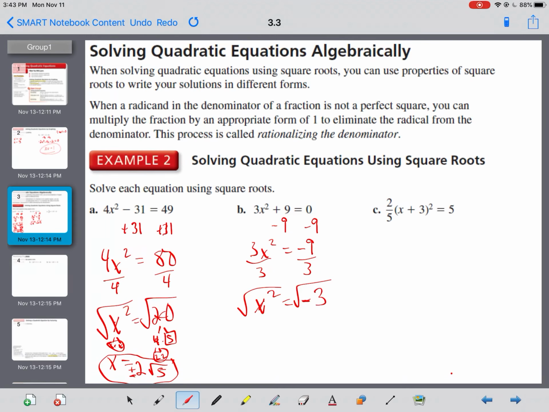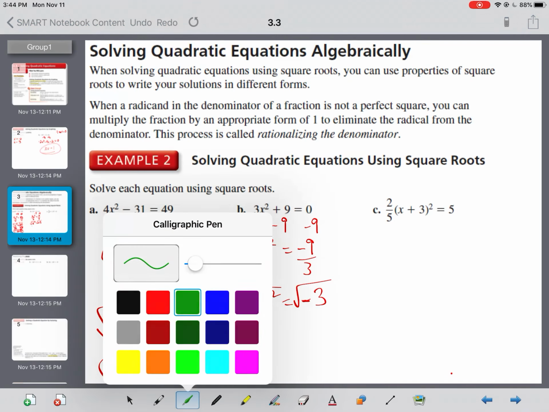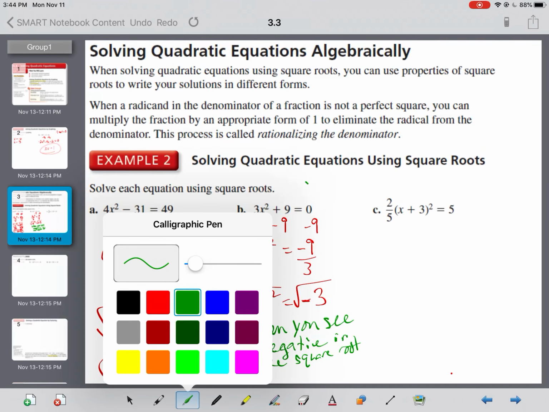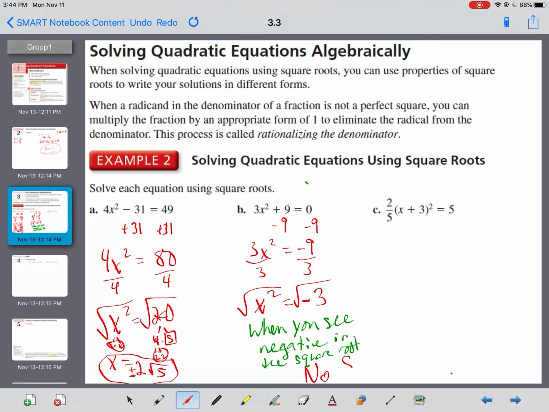So when you see a negative in the square root, no solution.